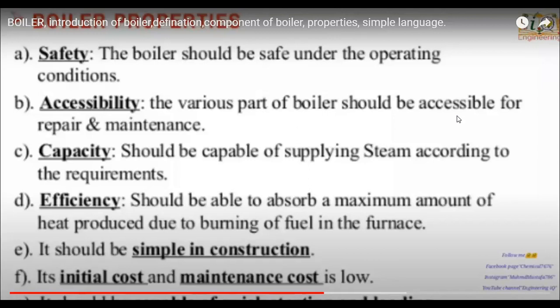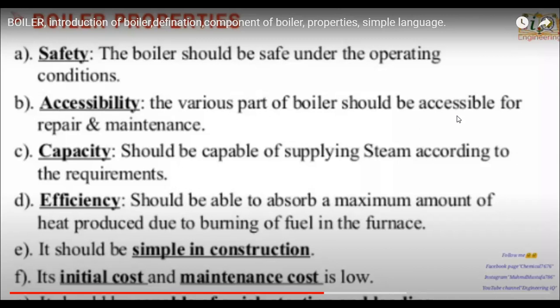Next is the capacity. Capacity should be capable of supplying the steam according to the requirement. So we can select or choose our boiler on the basis of our application. Like, we can categorize the boiler on the basis of capacity: low pressure boiler, medium pressure boiler, and high pressure boiler.